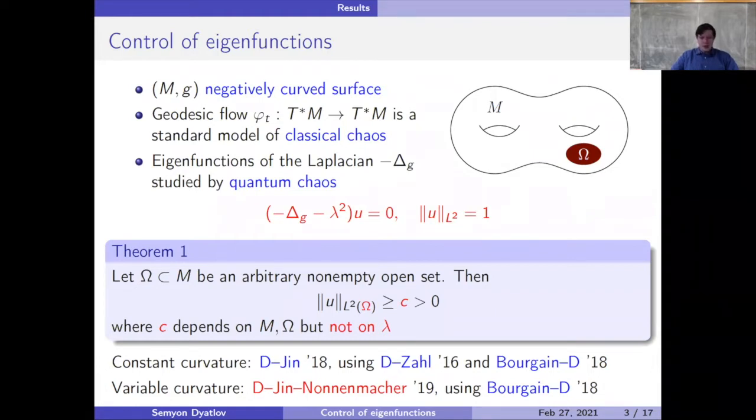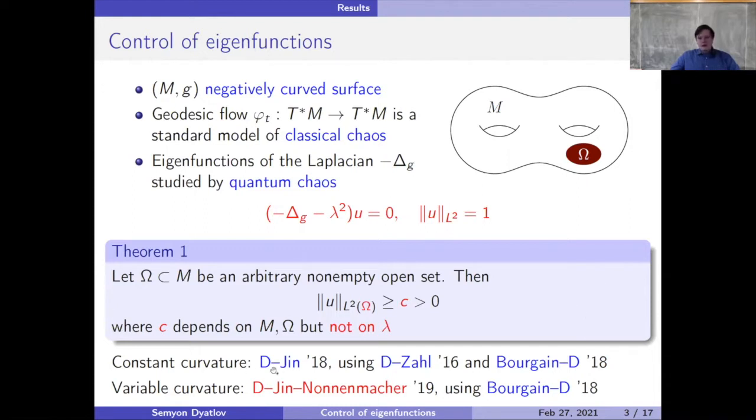From the point of view of quantum mechanical interpretation, the probability of finding your quantum particle in some non-empty open set is positive and bounded away from zero as the energy goes to infinity.